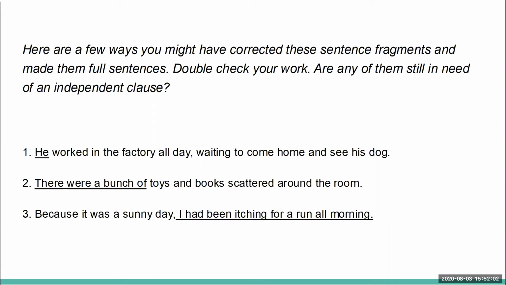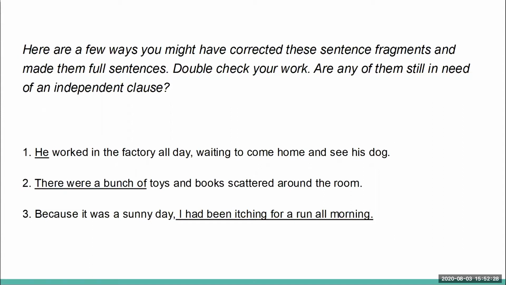Because it was a sunny day, I had been itching for a run all morning. All we did here was remove the conjunction and. Without it, because it was a sunny day and I had been itching for a run all morning, the second part of that sentence becomes a dependent clause, and because the first part of that sentence is already a dependent clause, it becomes two dependent clauses.